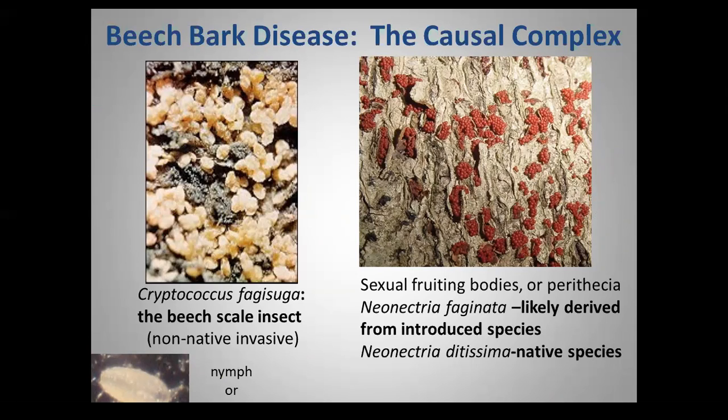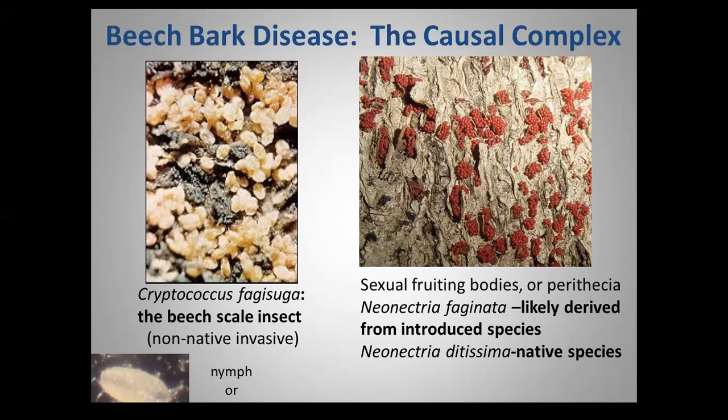The feeding by the beech scale insect creates tiny little cracks in the bark that allow points of entry for this fungal infection to occur. There are 2 species of Neonectria fungus that are associated with beech bark disease. Neonectria ditissima is actually a native species, and Neonectria faginata, although it's only found in North America, is more closely related to exotic species than to any of our native species.